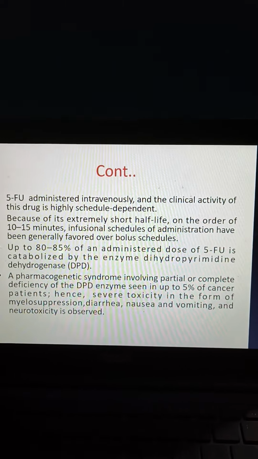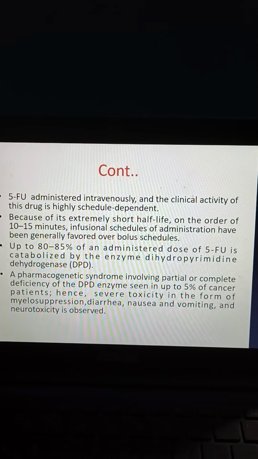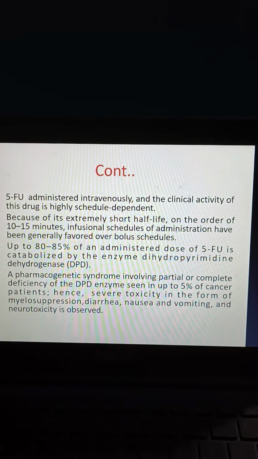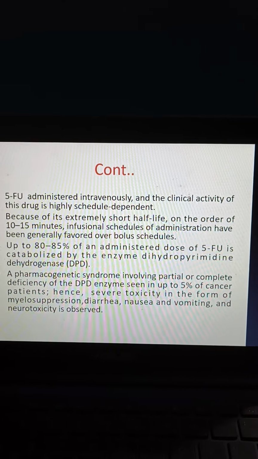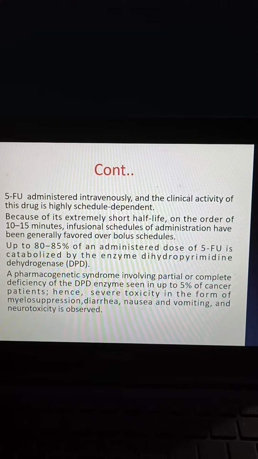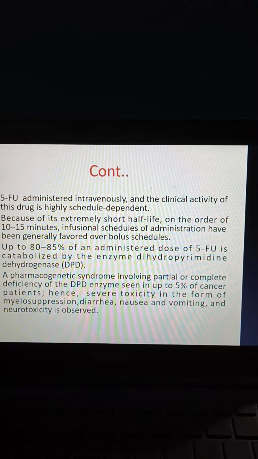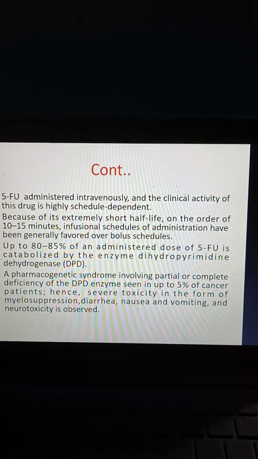Then 5-fluorouracil is administered intravenously, and the clinical activity of this drug is highly schedule dependent. Because of its extremely short half-life, on the order of 10 to 15 minutes, infusional schedules of administration have been generally favored over bolus schedules.